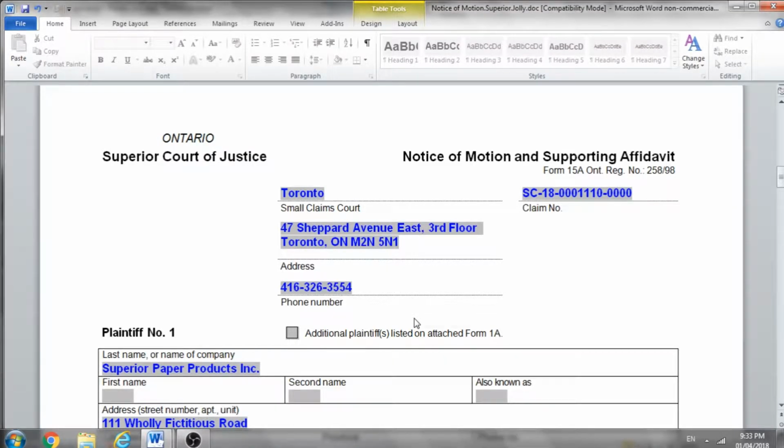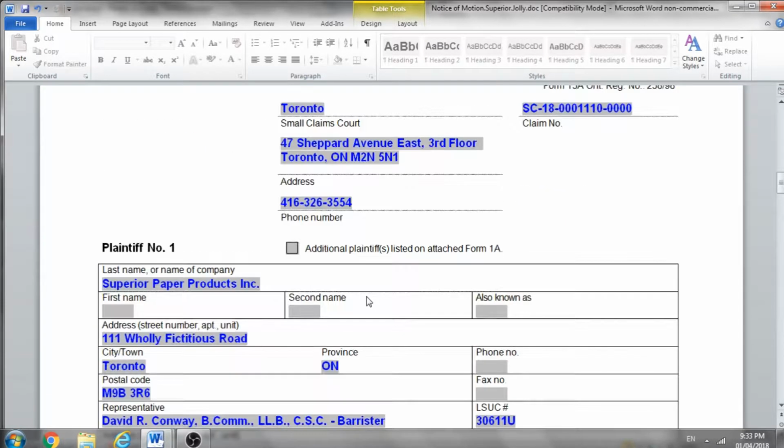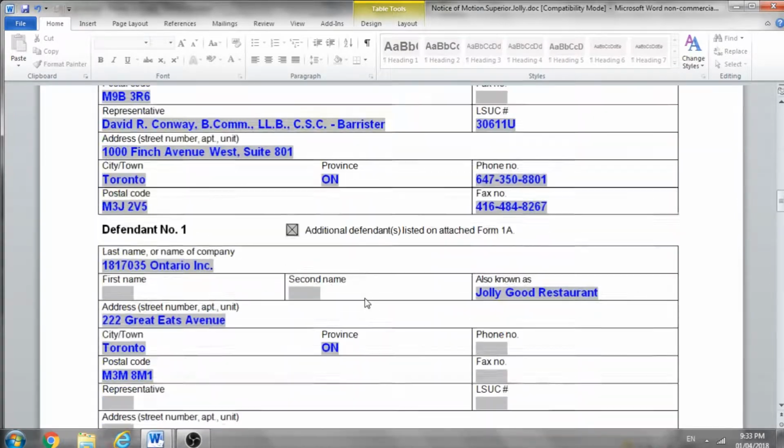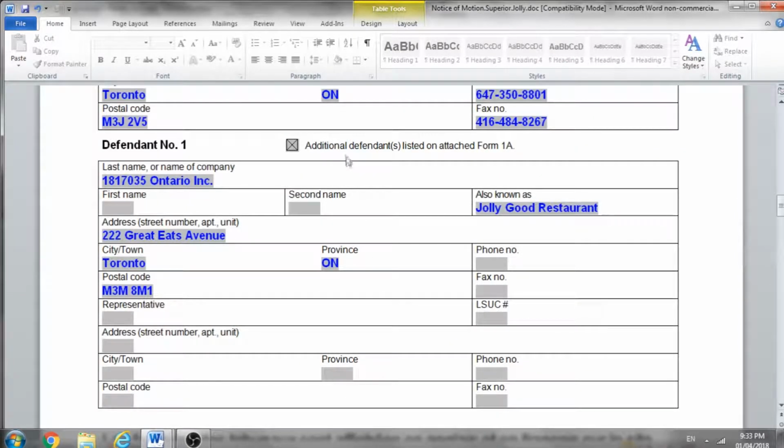Let's take a look at Form 15A. What we need to do is we fill in the title of proceedings. We always remember to attach our additional defendants page, which is Form 1A.